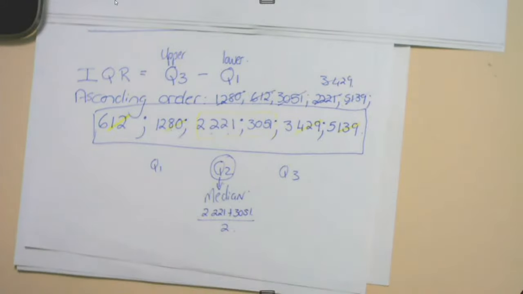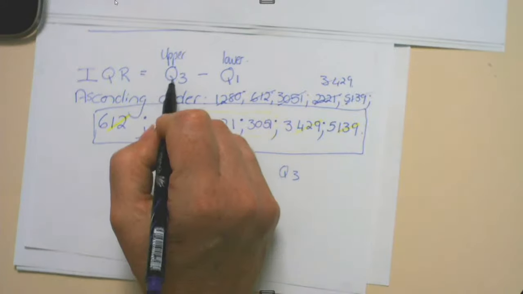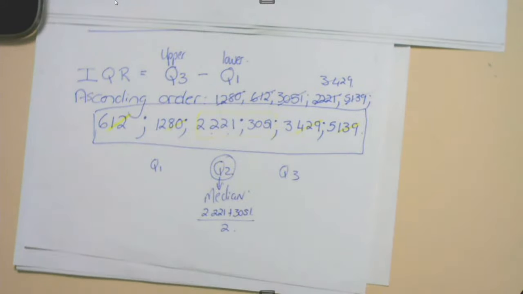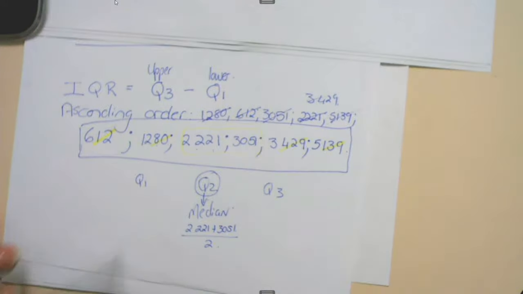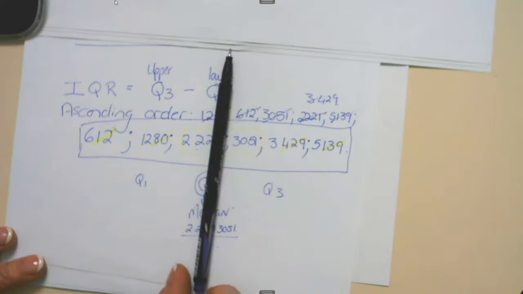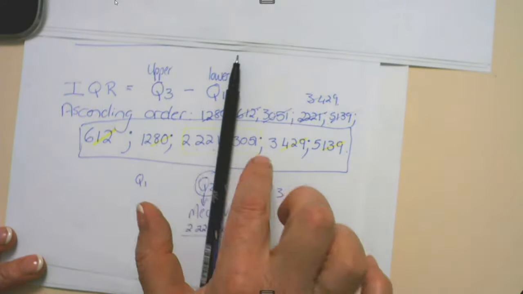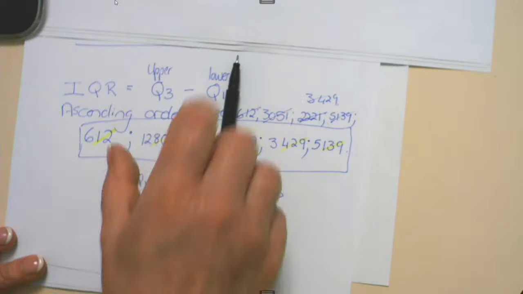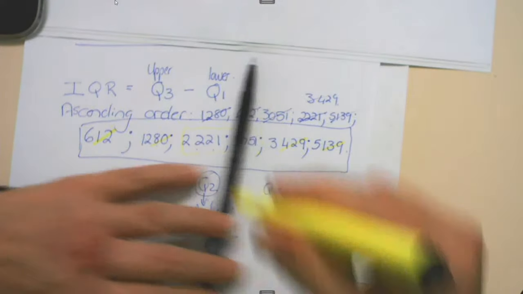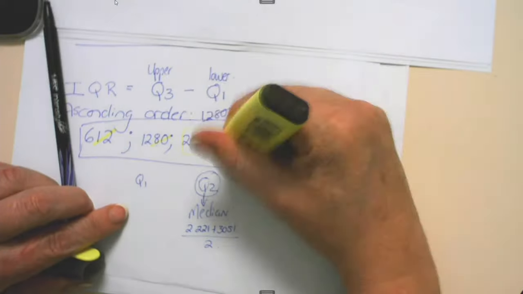But I'm not so interested in Q2, so I'm not going to waste my time further on this. I want my Q3 and my Q1, my upper and my lower quartile. But bottom line, what you must understand is that the median is halfway between this value and this value. So we can say, okay, Q2 is here.